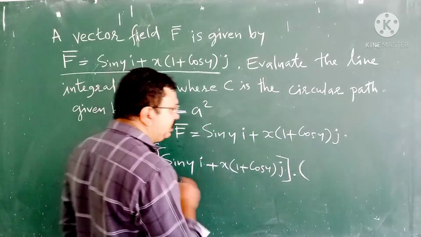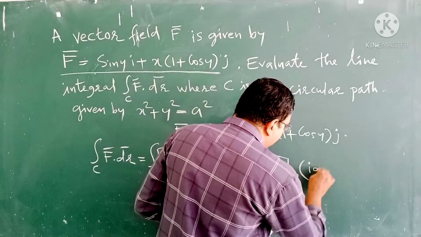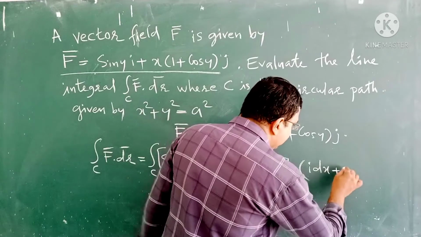What is dr? Vector dr is equal to i dx plus j dy.